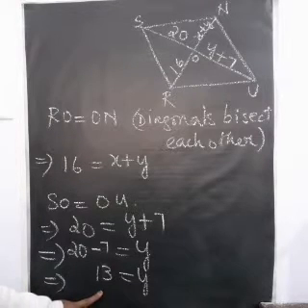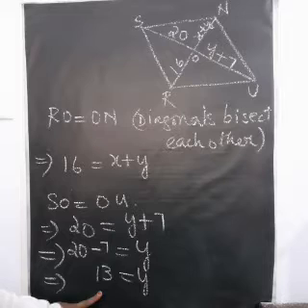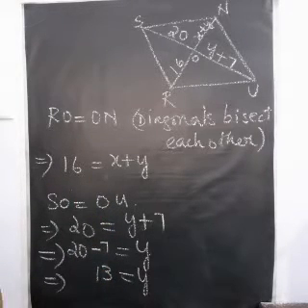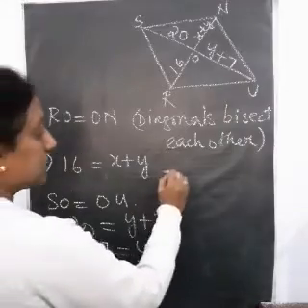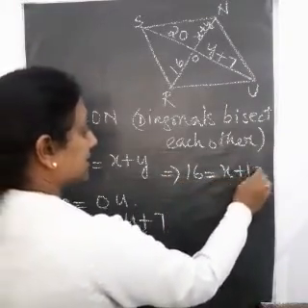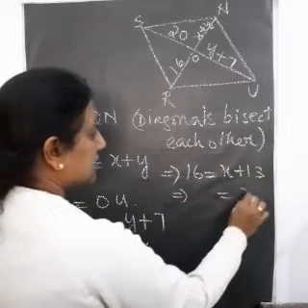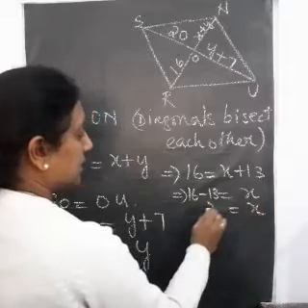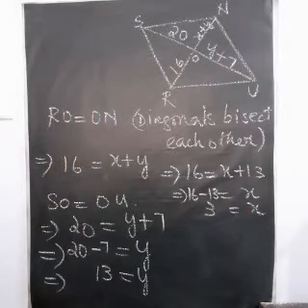Now once you have got y is equal to 13, can I substitute y here and get the value of x? Yes. So 16 is equal to x plus 13. That implies x is equal to 16 minus 13, that is x is equal to 3. Have you got it?